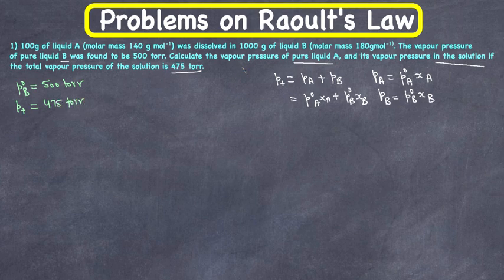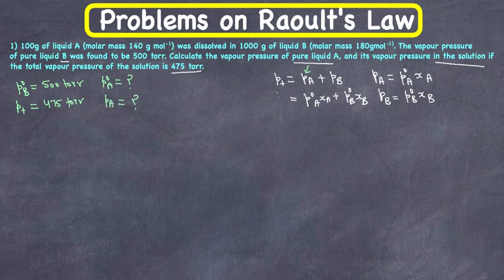And they are asking us to calculate vapor pressure of pure liquid A. So P naught A we have to find. This is unknown. And it's a vapor pressure in the solution. So vapor pressure in the solution is PA. So we need to find PA.